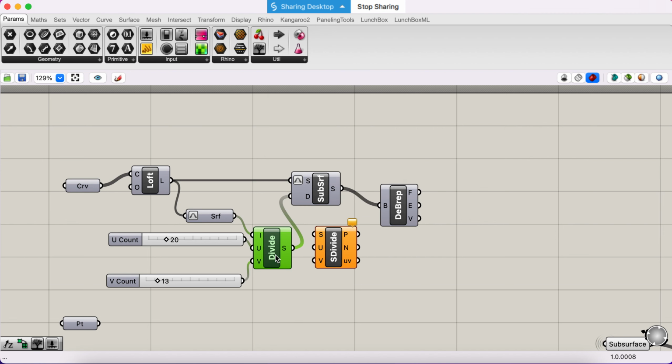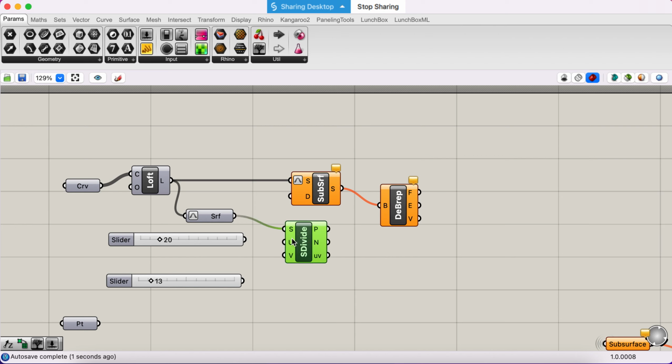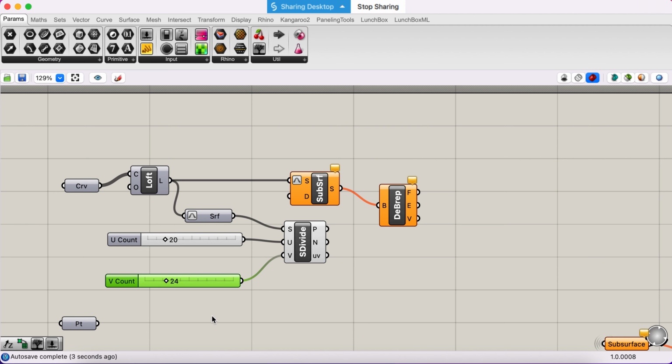For the Surface Divide, I have the surface itself, and I have the U and V values. I'm just keeping it as it was, creating this one as 24. So that's going to be my value for this.